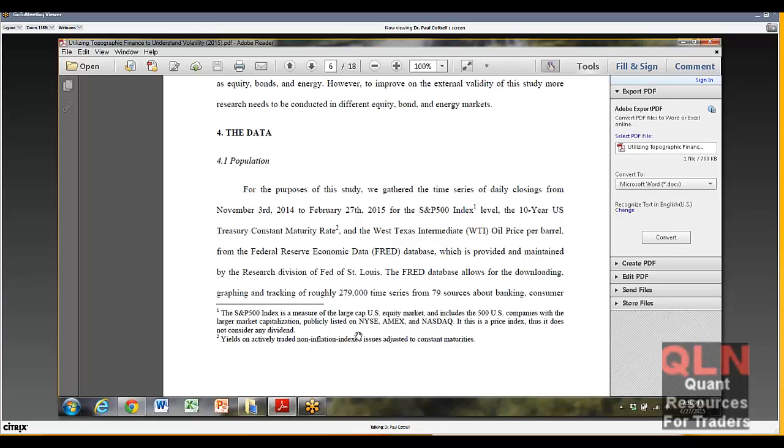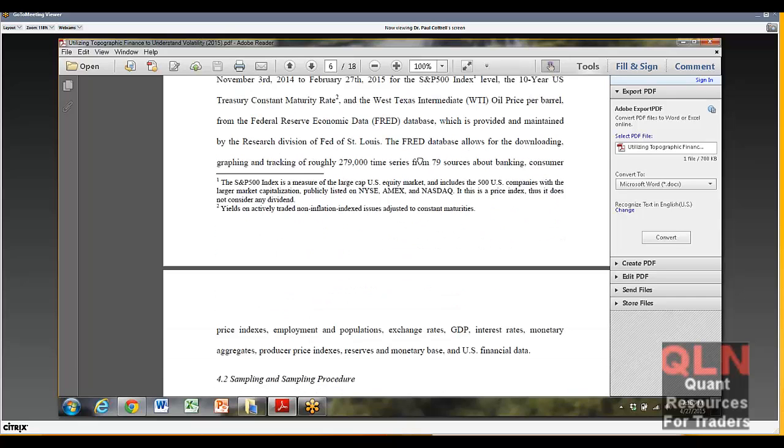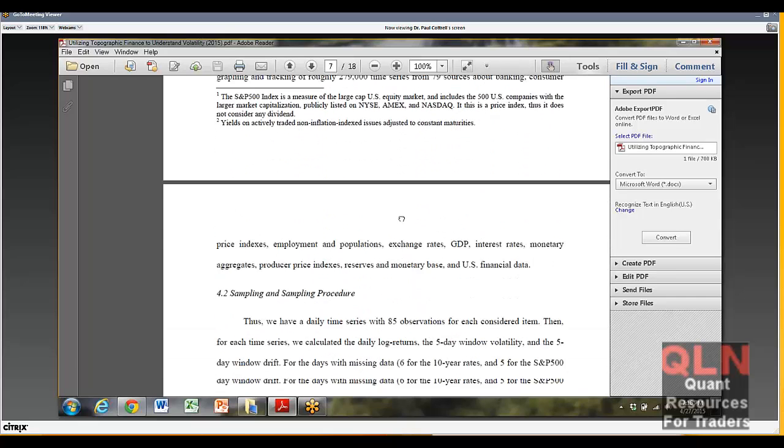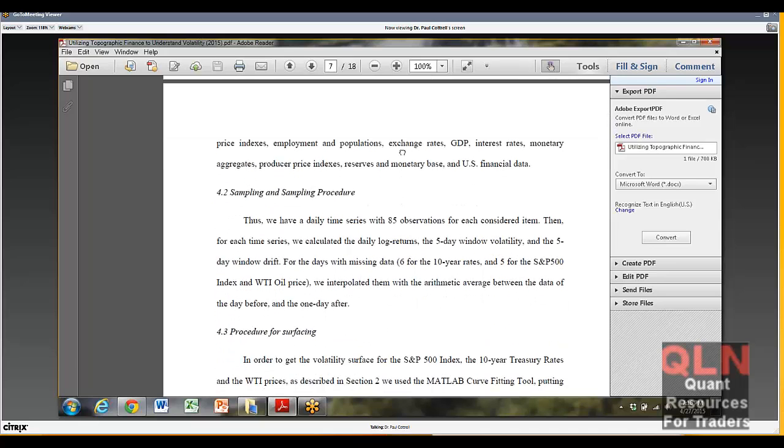What was actually pulled down from FRED was from November 3rd, 2014 to February 27th, 2015 for the S&P 500, the 10-year Treasury, and the WTI oil. Now, we end up only using 85 observations. Part of the reason is that the surfacing is actually parameterized using a 5-day window.